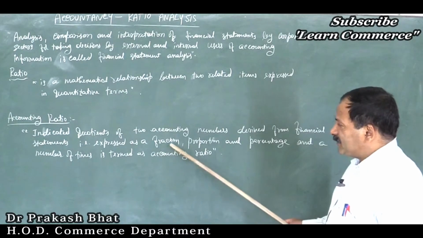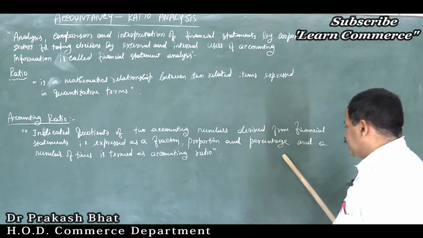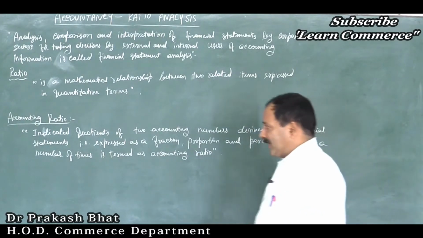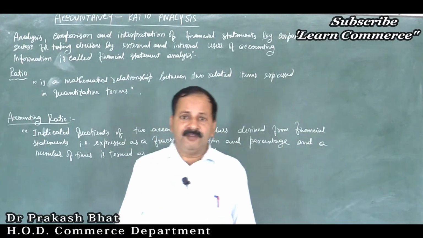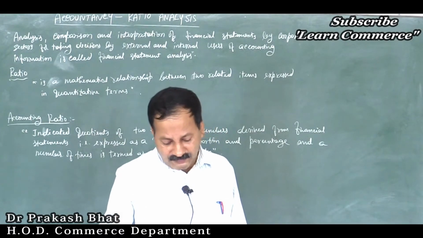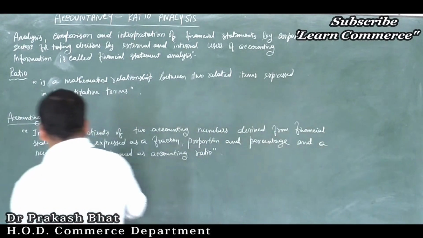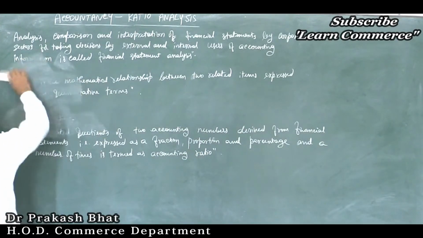So whether you express it in the form of fraction, proportion, percentage, or number of times, all these are nothing but accounting ratios. Clear? Yes. Now let us move on to what are the objectives of accounting ratios.